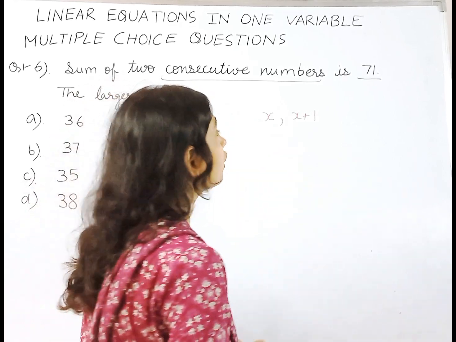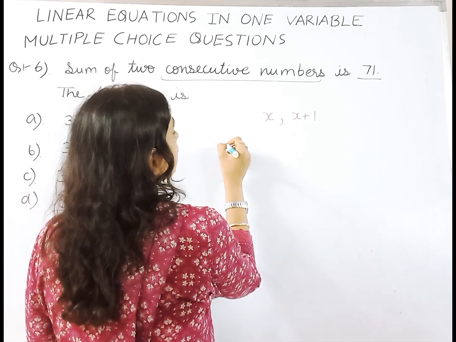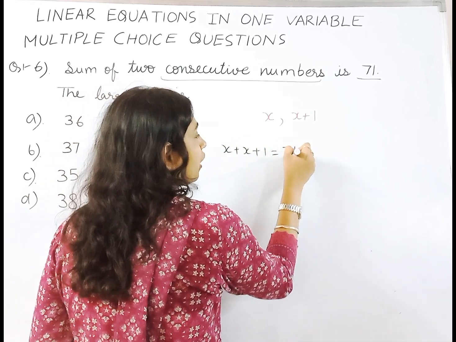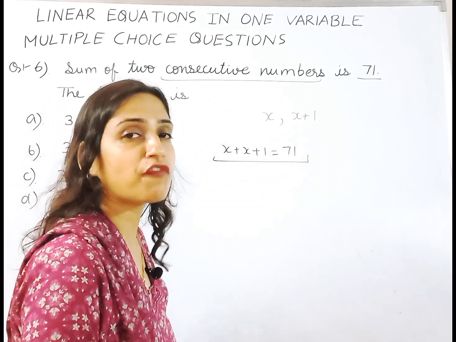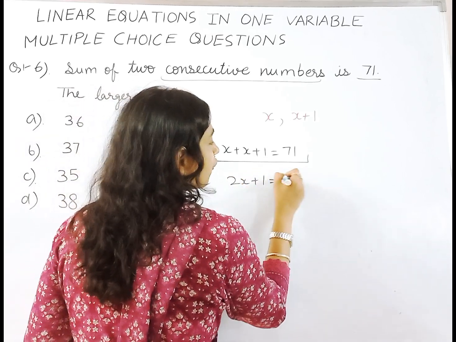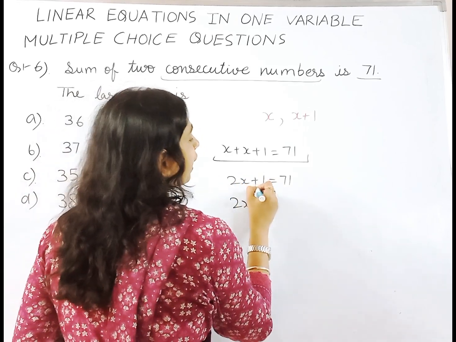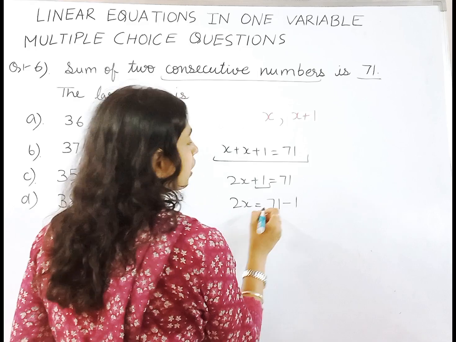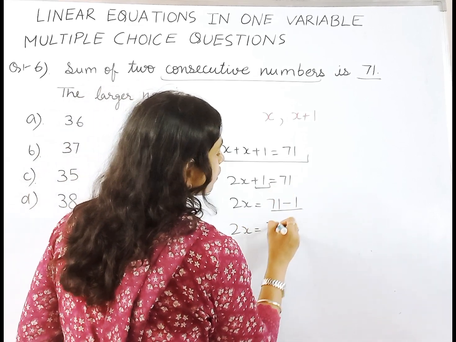And we are given that the sum of these two numbers is 71, which means x plus x plus 1 is equal to 71. From this equation, we can find the value of x. So 2x plus 1 is equal to 71. Then 2x comes out to be, we take this 1 to the right hand side, and the equation becomes 71 minus 1, so 2x becomes equal to 70.